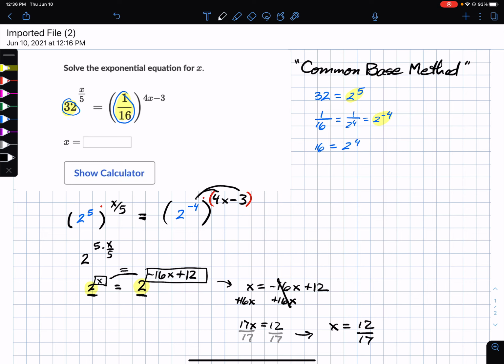Alrighty, so that means if you were to reevaluate this thing with 12/17 in for x, these things should in fact be equal. So the exact answer here, without losing any digits of accuracy, would be 12/17.